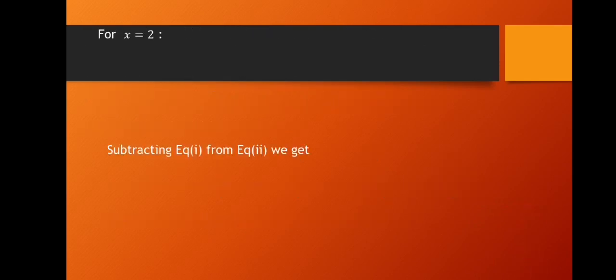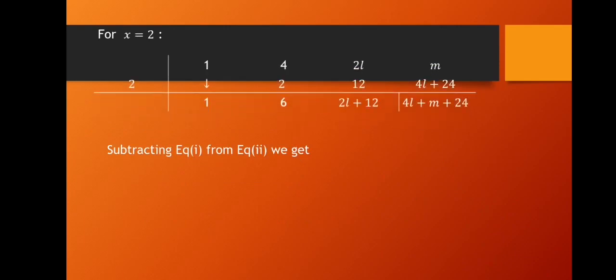Now for x is equal to 2, we have once again written down the coefficients as we wrote before, but the divisor here is 2. 1 will be written down as it is again. Then for the next term we will multiply 1 into 2 to get the next term. 4 plus 2 will be equal to 6. 6 into 2 will be equal to 12.